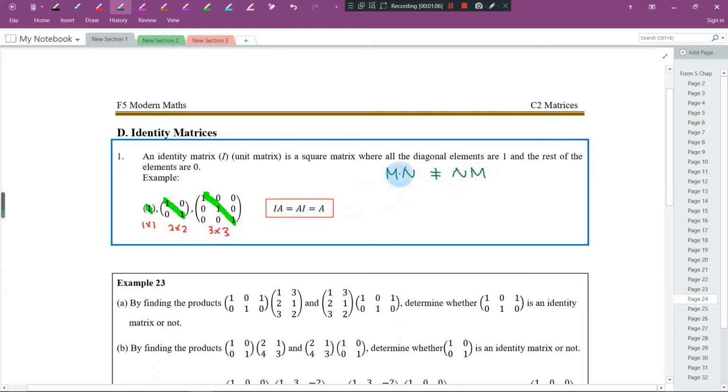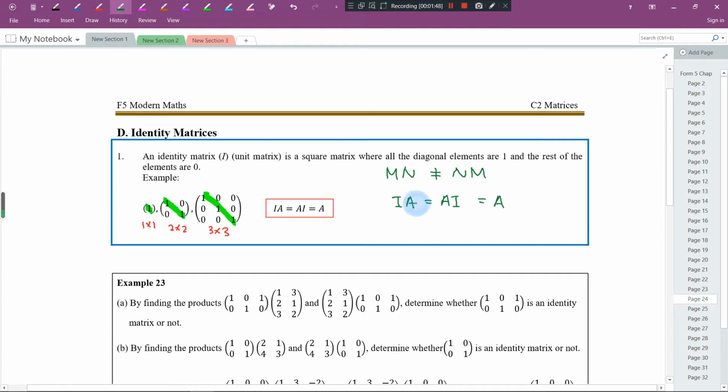But if one of the matrices involved is an identity matrix, for example, IA and AI, they will be equal to each other, and they are actually equal to A. It means that whenever you see an identity matrix multiplied by a matrix, let's say matrix A, or matrix A multiplied by an identity matrix, you don't have to perform the multiplication. You can directly get the answer, which is to copy back the matrix A in this case.